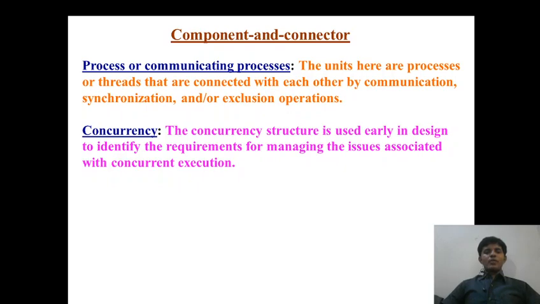Is there any involvement of a larger number of tasks allowed to execute? If so, this architecture is going to be preferred. The meaning of concurrency is nothing but parallel execution.